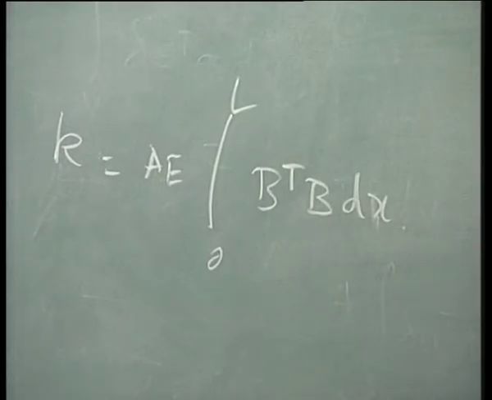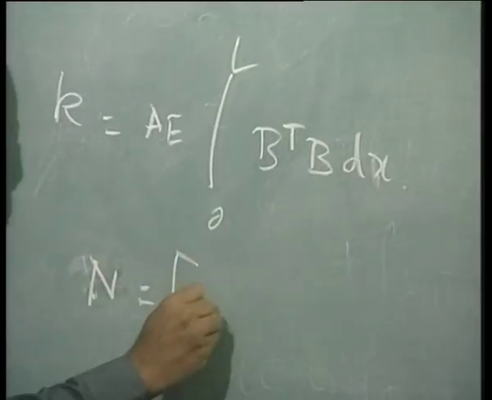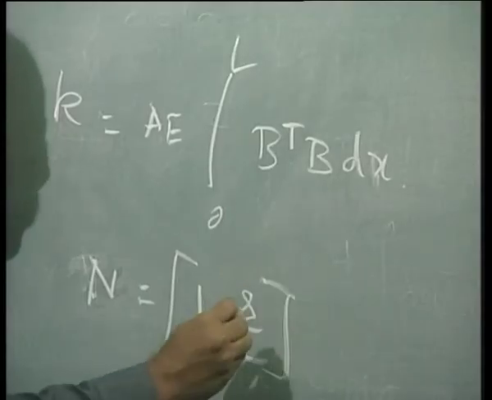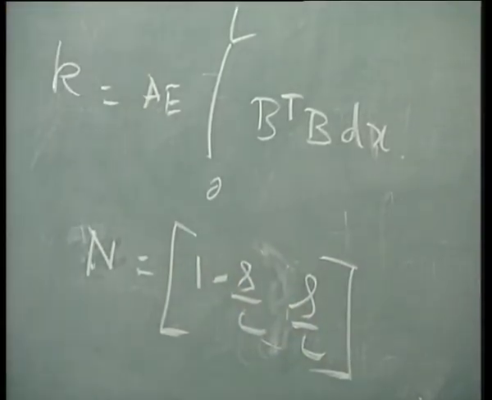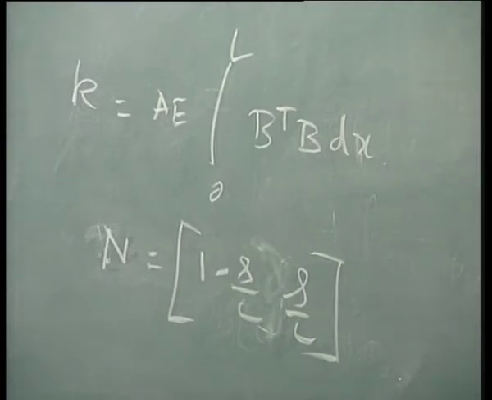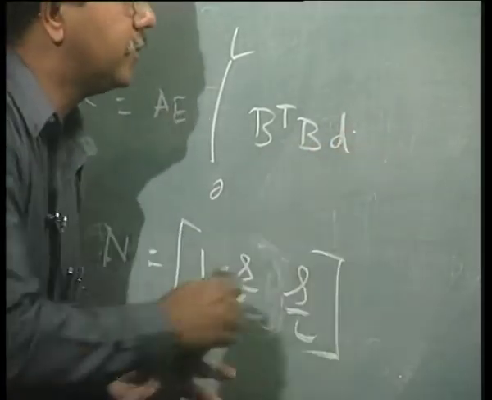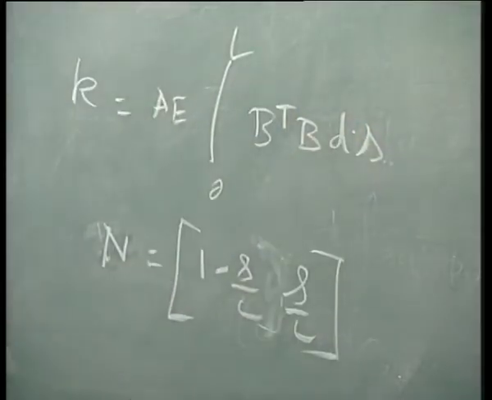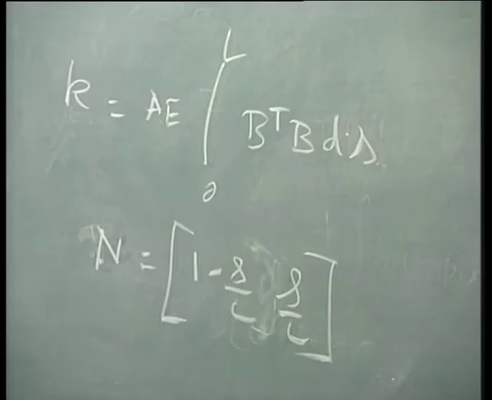From now, dx, please note, is the local coordinate. So if there is confusion, you can replace it by ds, for your convenience, because we had written it in terms of S, so ds.